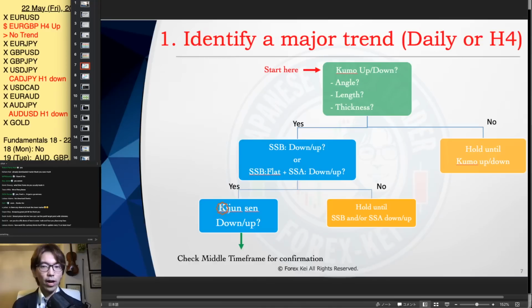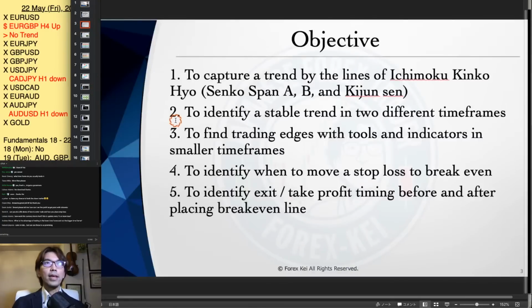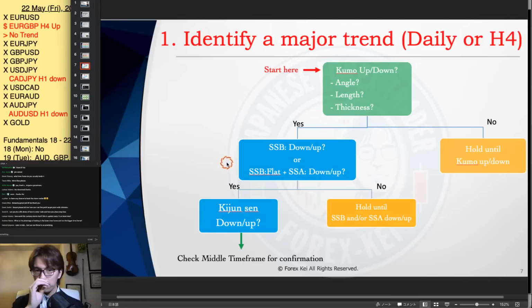Every time I take trades or every time I explain about the market, at some point I got some voices that we need some kind of checklist, and that's why originally I created the Ichimoku checklist, and now I have converted and upgraded it to what I call KTS now. So yeah, and I will talk about these strategies whenever I take buy or sell in my future lives.